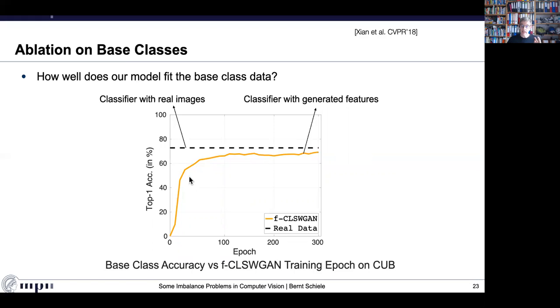And the orange line is the performance I'm getting if I start training my generator, in that particular case on the CUB data. Eventually, after 200, 300 epochs, using just generated features from my generator, I'm getting only a few percent points loss in the overall performance. So that's quite interesting, that the generator can generate quite powerful features that are good enough for classification later of the real images, obviously.